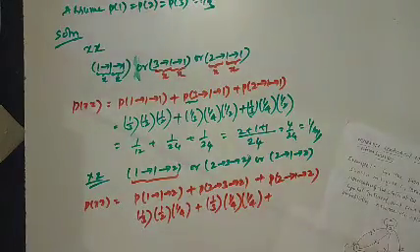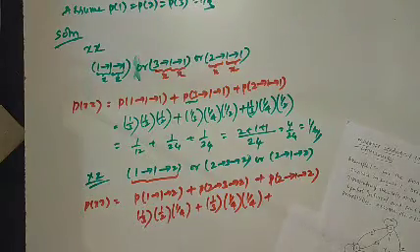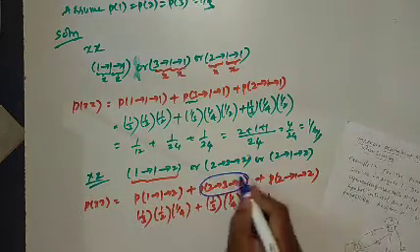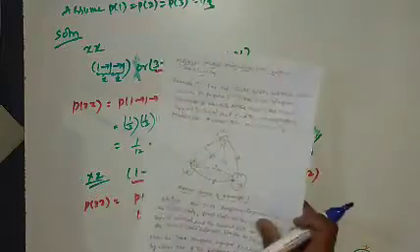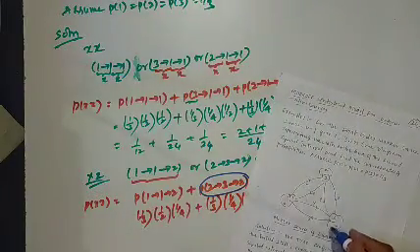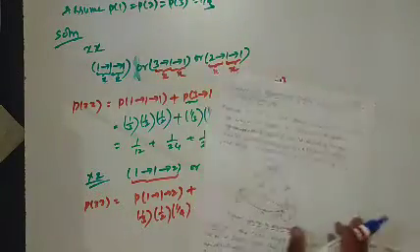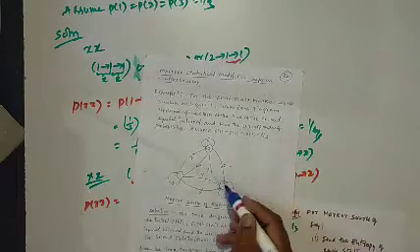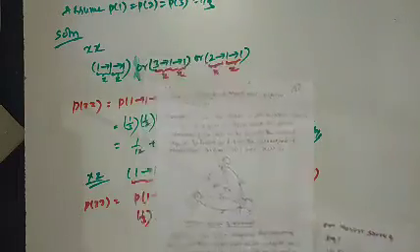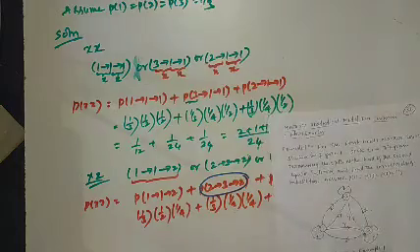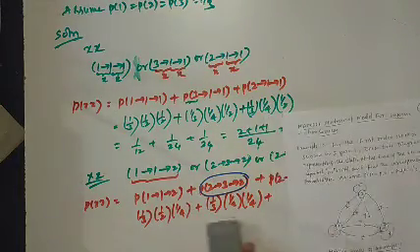This one is wrong. And second, see here, I have taken 2 to 3 and 3 to 2. See 2 to 3 is Z, whereas 3 to 2 is Y. Actually what I need is XZ, so that this is wrong.